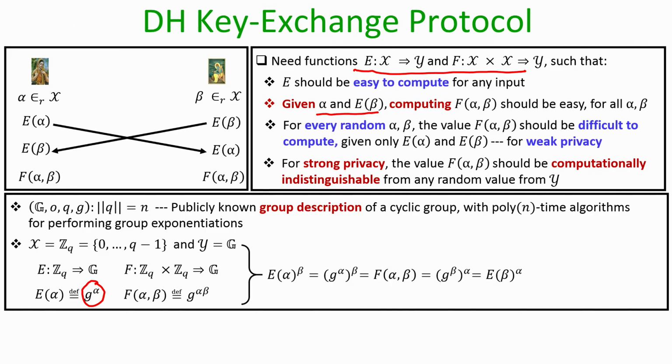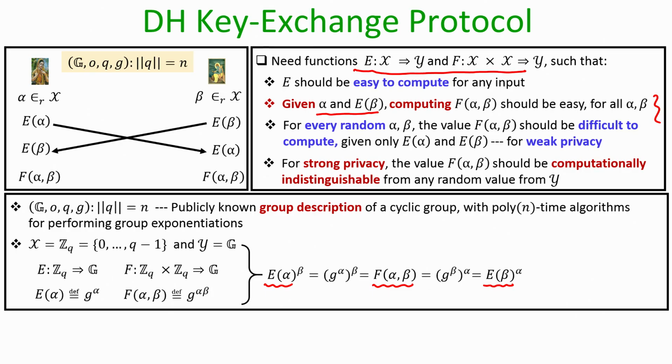And now you can see the way we have defined the functions E and f, it satisfies one of the requirements, namely if you are given the value of E of alpha and you do not know alpha, but you know beta, then just by raising E of alpha to the power beta you get the value of f of alpha comma beta. And in the same way, if you are given just E of beta and you do not know beta, but you know alpha, then by raising E of beta to the power alpha you end up getting the value of f of alpha comma beta, right.